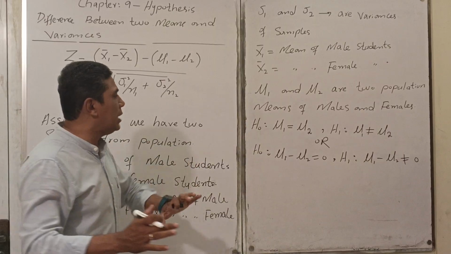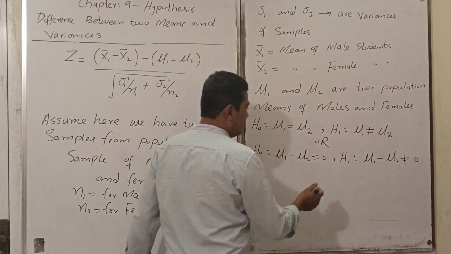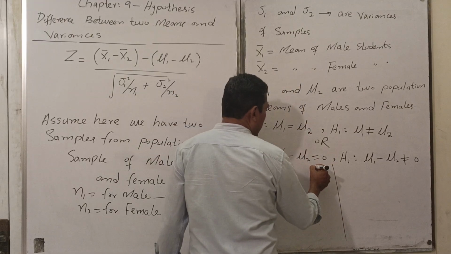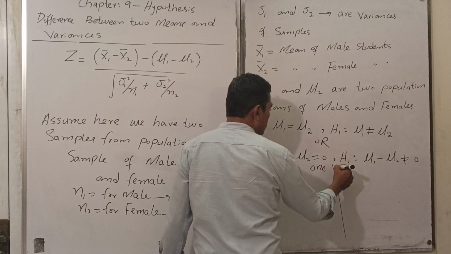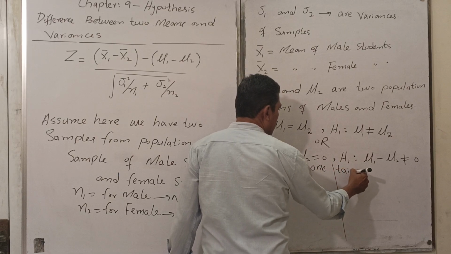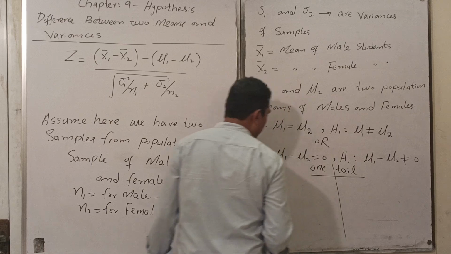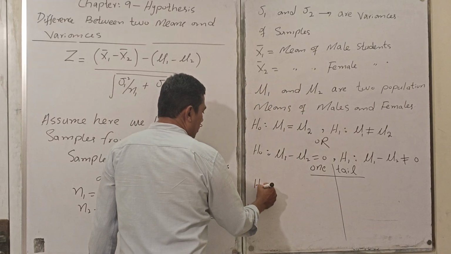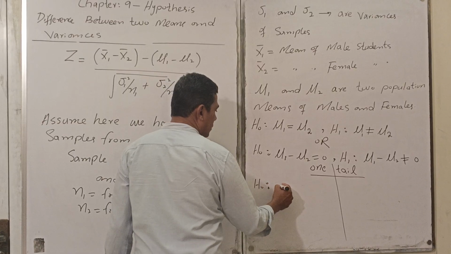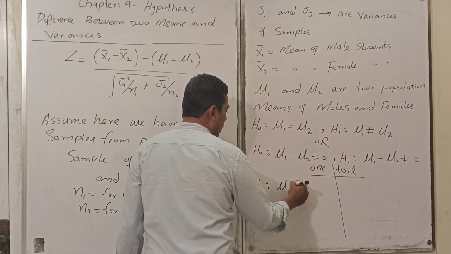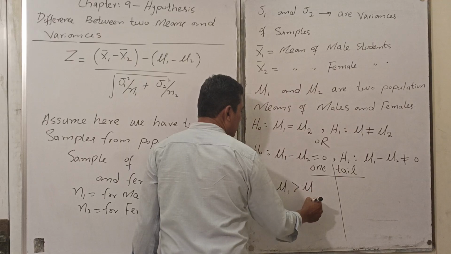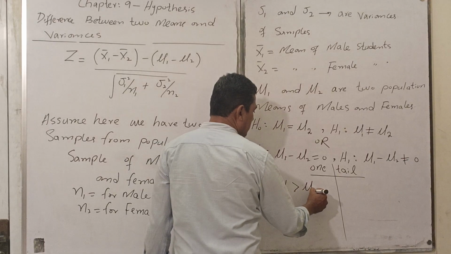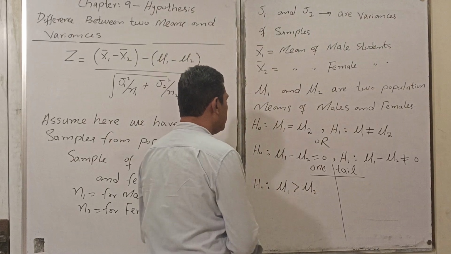Okay, in case of one tail, H naught: mu1 greater than mu2.